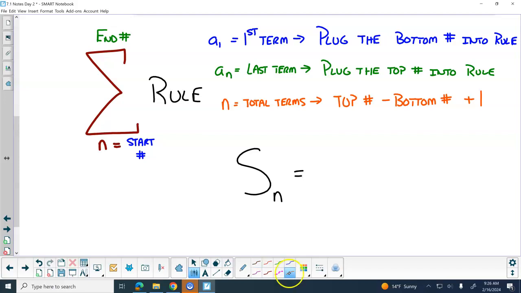Sigma is going to be n, the total number of terms, divided by 2, times the sum of the first term and the last term.